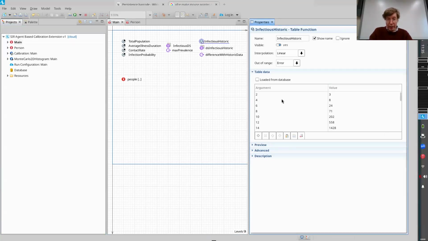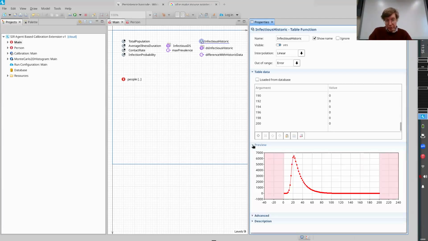Information on, in this case, the number of infectious people that we're seeking to match. This is empirical data on the number of people recorded as being in the infectious state, say infective, every 2 time points, 2 days. And you can graph that out in the preview.